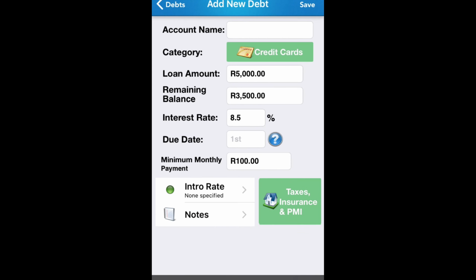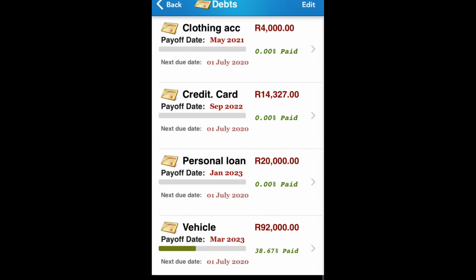So that's why I was saying that it's important that you understand the cost of your debt, because you need to know your loan amount, your interest rate, and your minimum payment in order to work out your cost of debt.